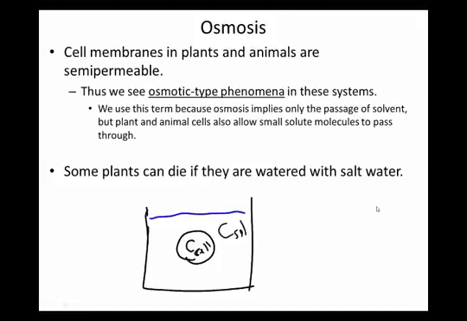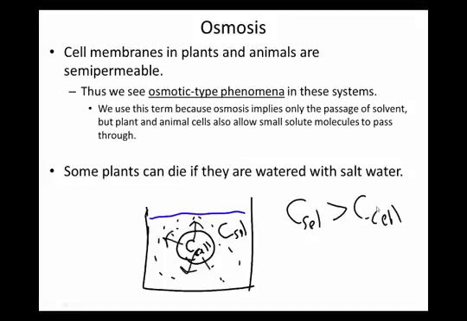If we have a really concentrated saltwater solution, if C solution is greater than C cell, what happens? Which way does the solvent flow? Solvent always goes towards the more concentrated. If C solution is higher, then solvent flows out.